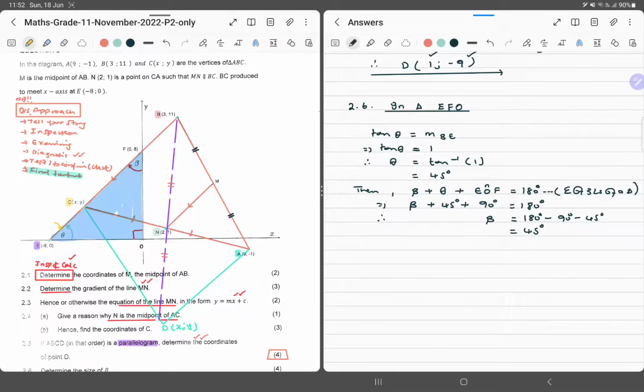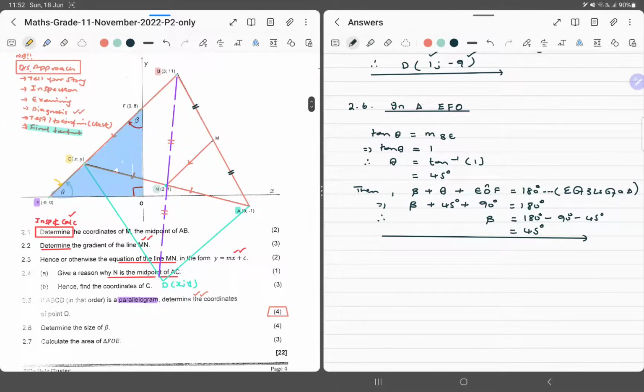All right. So now we are sorting things out. Again, we're getting 4 marks. So you could see that you could not just take it too easy.